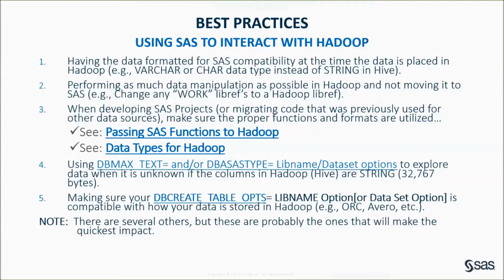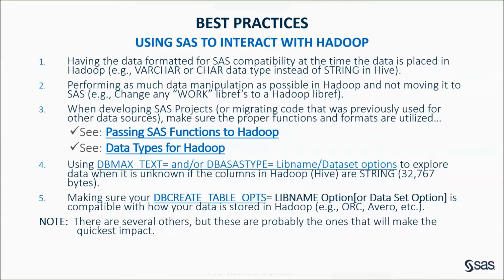Number 1, having the data formatted for SAS compatibility at the time the data is placed in Hadoop is a critical best practice. Now, this will require collaboration with your Hadoop administrator, your SAS administrator, and a data management team if there is a team that does separate functions for landing the data in Hadoop.